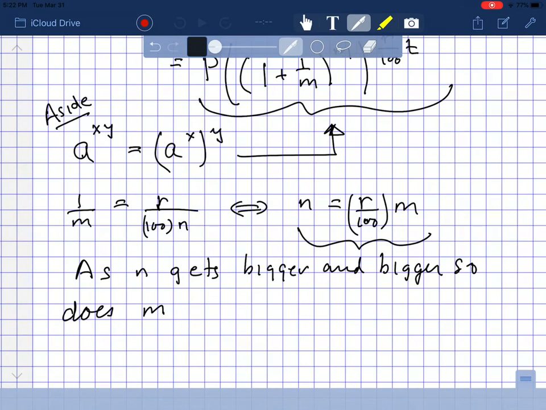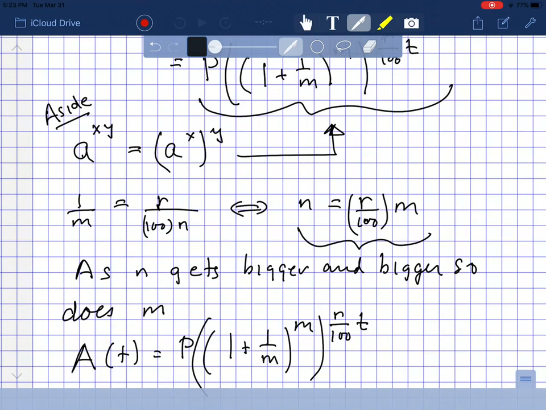So that means we have A of t equal to p times 1 plus 1 over m raised to the m power, all raised to the r divided by 100 times t power.